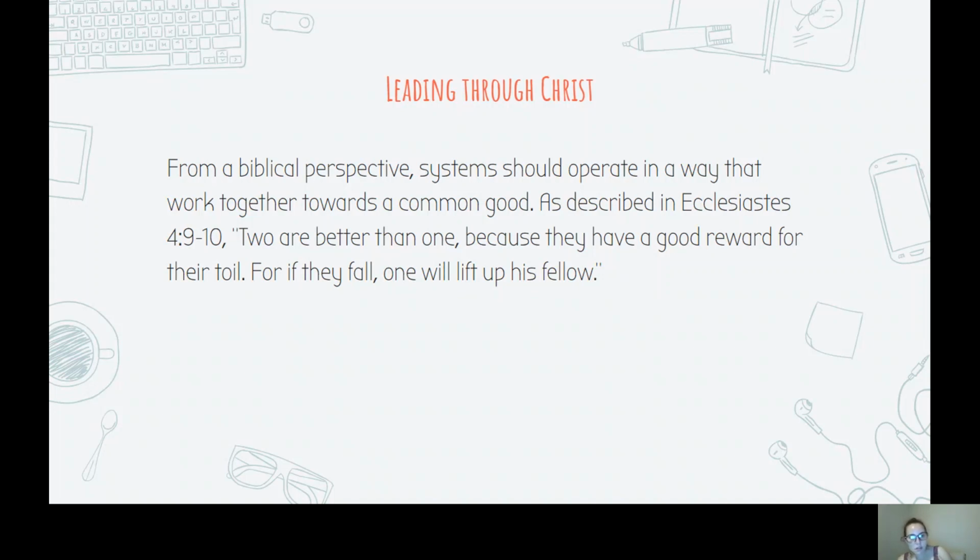As described in Ecclesiastes 4:9-10, two are better than one because they have a good reward for their toil. For if they fall, one will lift up his fellow. So for me personally, this explains that we're all working together as a system, as a group, to fulfill God's wishes: loving each other and accepting each other.